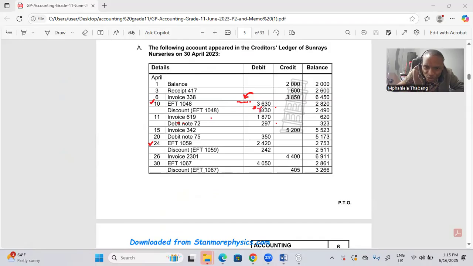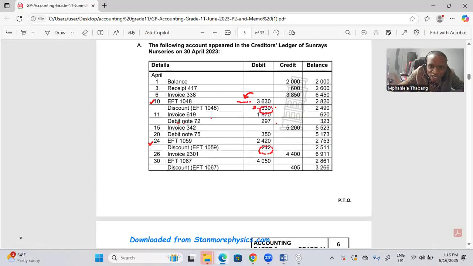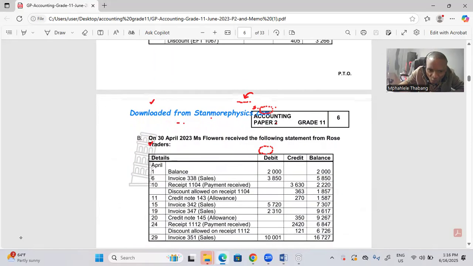There is a discount of 330. And there is also a discount of 242 on the 24th. Okay. And this entry is absolutely correct. So let me go and check what is happening in the statement regarding the entry of the 10th and the 24th.